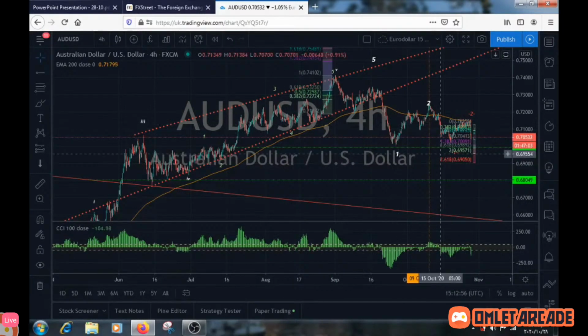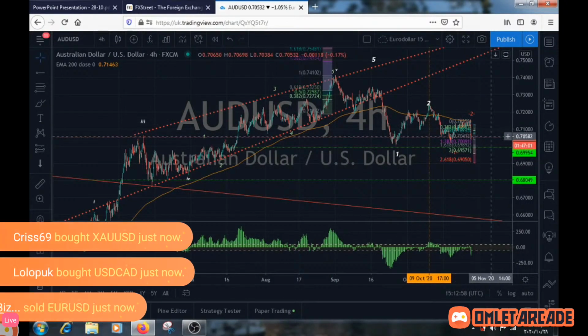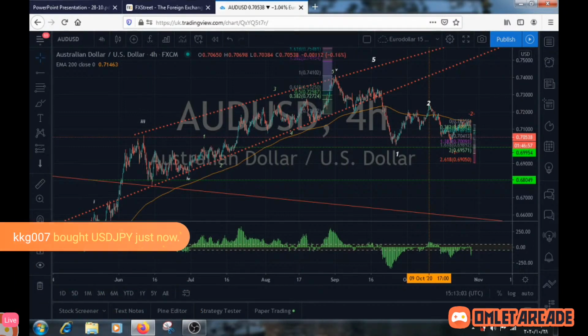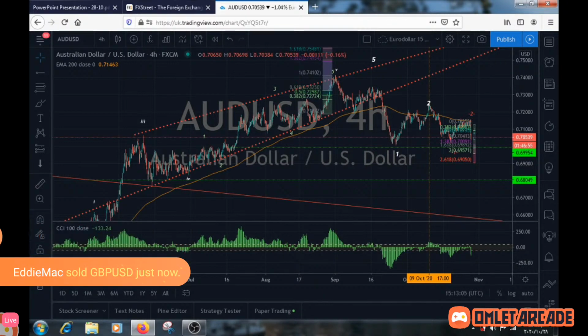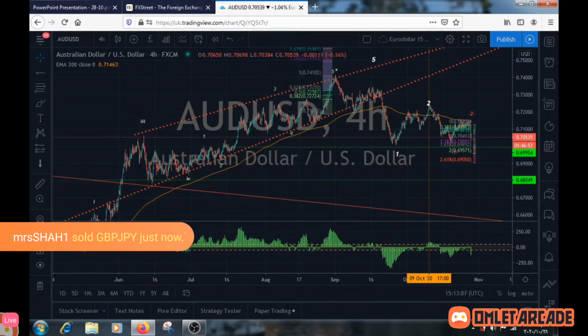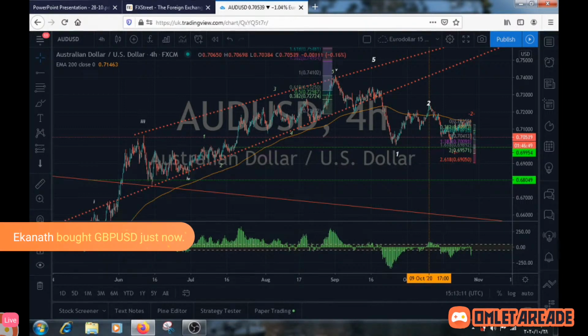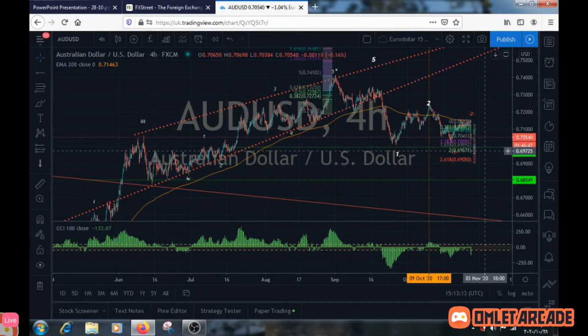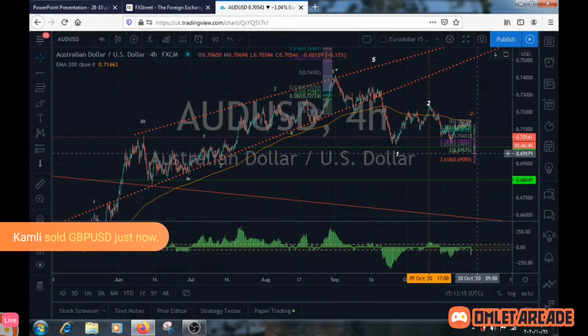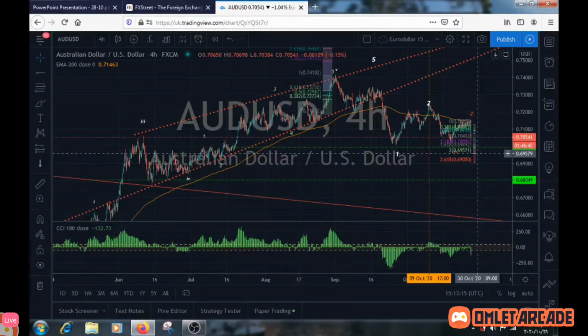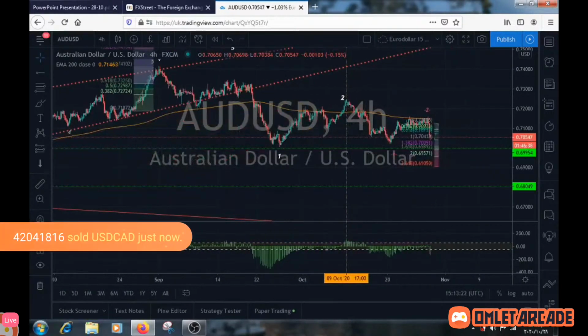Now the right shoulder, and we're going to that cycle level. So we would want to sell 0.7090, 0.7080, 0.7070. The stop is 0.7180. Okay, and your targets are 0.6960, that level shown here actually, and 0.69.